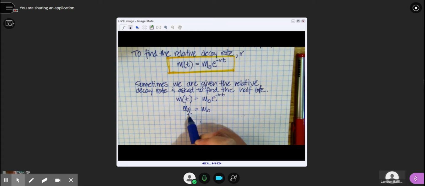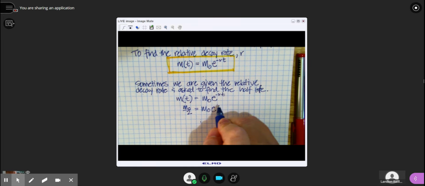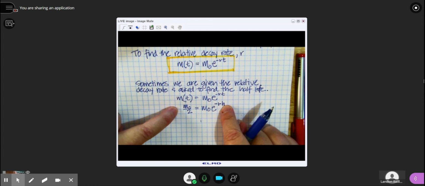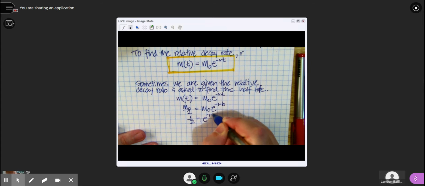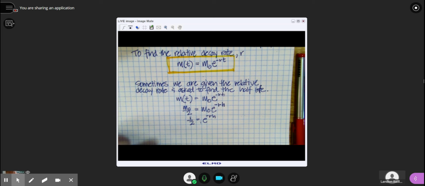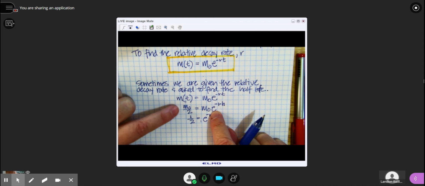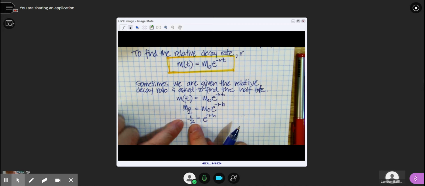So this is going to be m0 e to the negative rh, because we want our time to be the time for the half-life. If I take the m sub 0 and divide it out of both sides of this equation, I'm just going to end up with 1/2. So the half-life is at e to the negative rh.